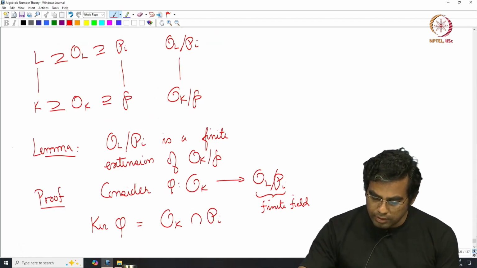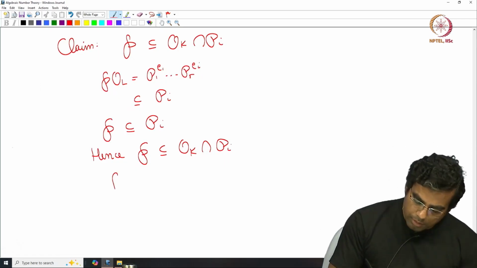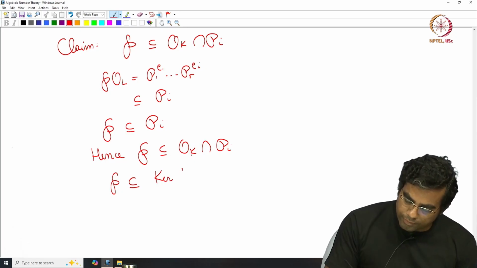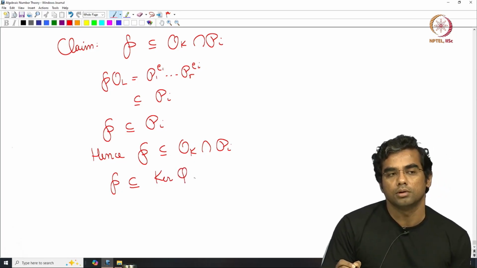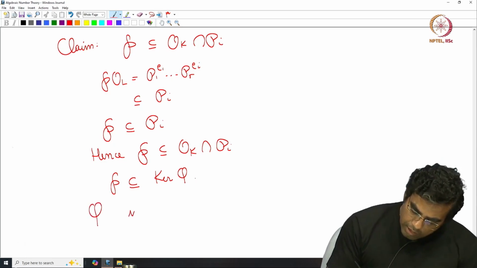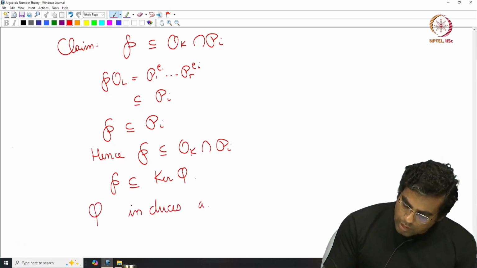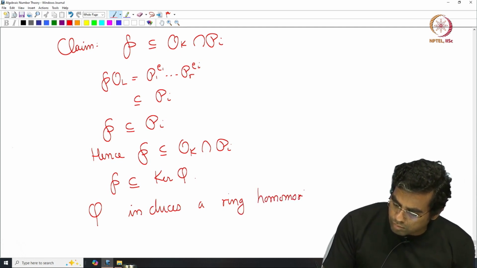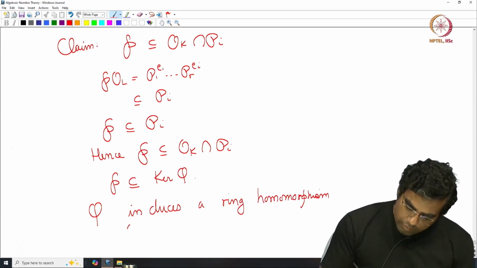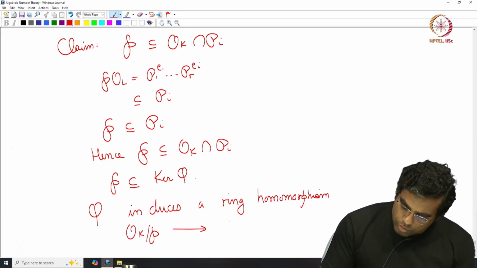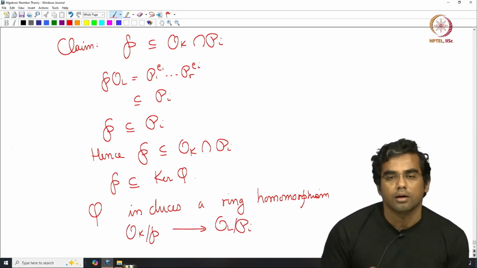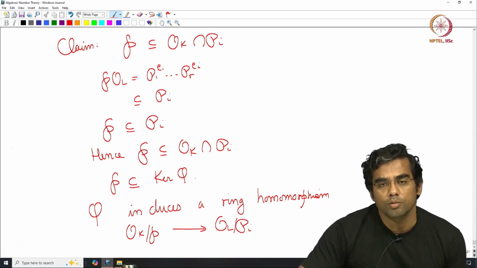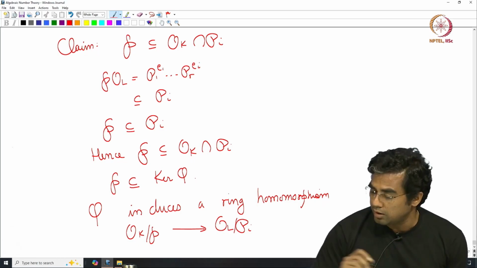And so, what we have is P is contained in the kernel of phi. Okay. So, phi induces a ring homomorphism from OK mod P to OL mod Pi, but these are both fields, right, and if you have a ring homomorphism from one field to another field, it had better be injective.